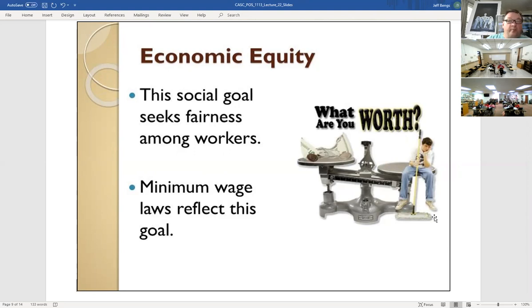So those that own businesses and those that produce goods, those who work for those business owners, and then those who buy the products, the consumers. The goal in economic equity is that all three of those groups are treated fairly in the economy.